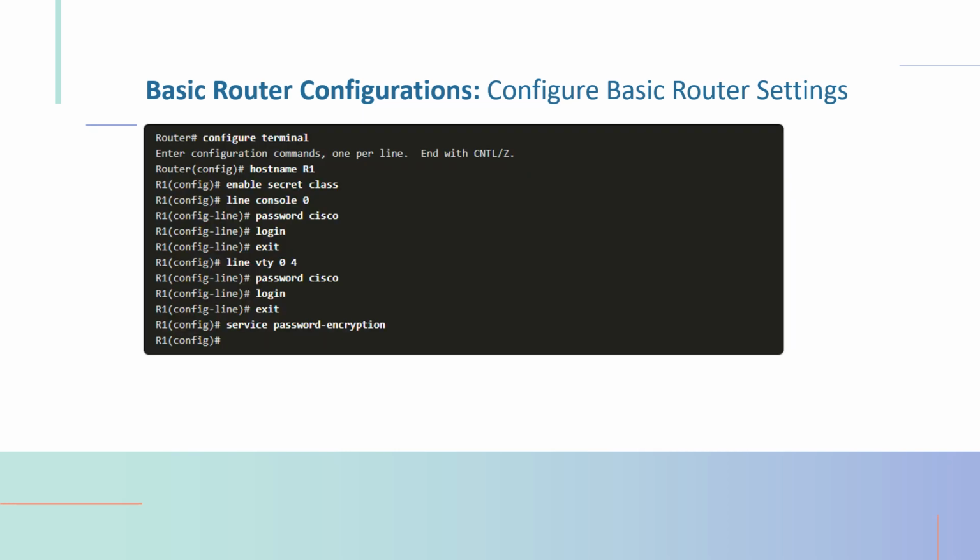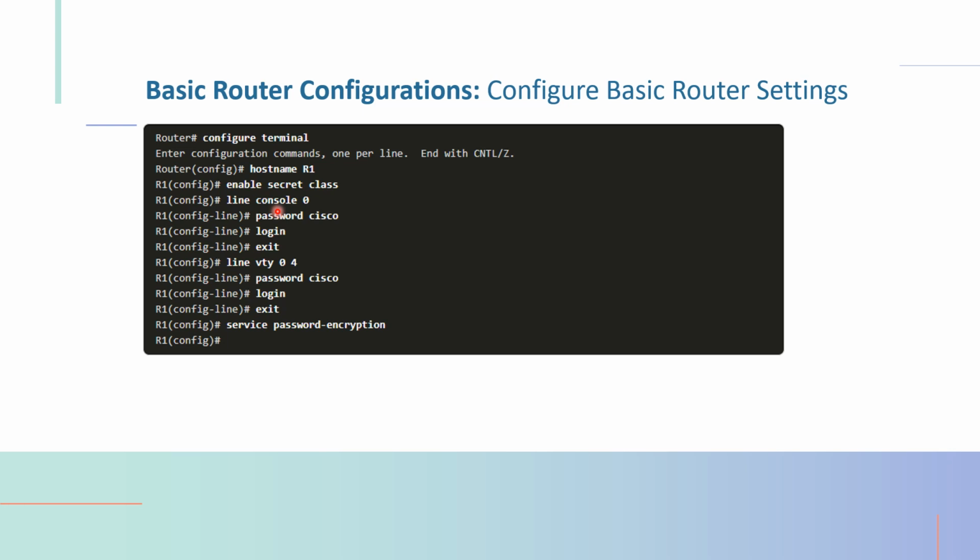We enter global configuration mode with the configure terminal command, then name our device using the hostname command followed by the name we want, and then set the privileged access password with enable secret followed by the password.